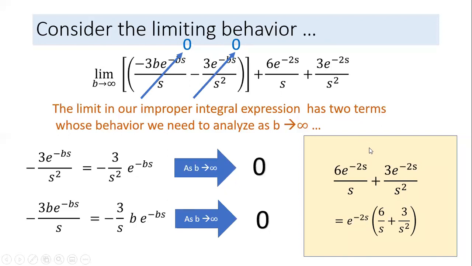This will be the Laplace transform of our piecewise defined function: 6 times e to the minus 2s over s plus 3 times e to the minus 2s over s squared. Now, since there is a factor of e to the minus 2s in both of those, we could factor that out and write the expression as e to the minus 2s times 6 over s plus 3 over s squared.